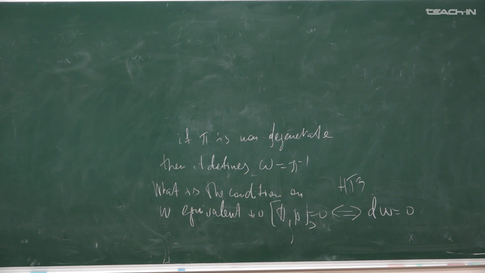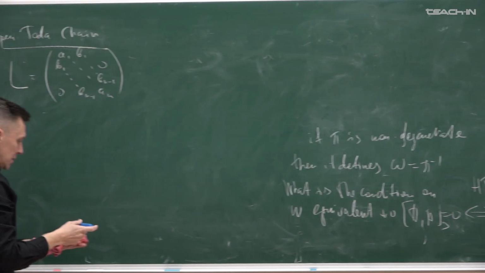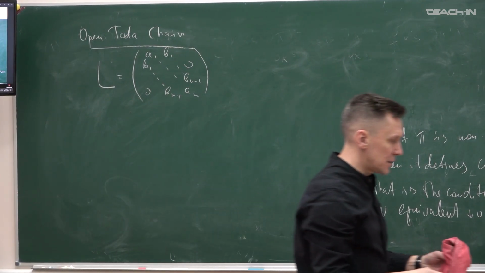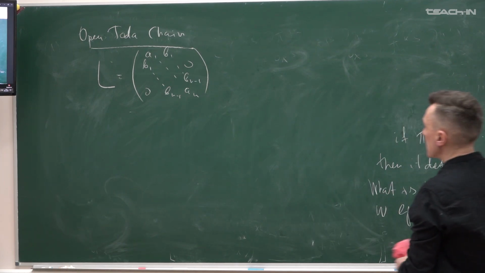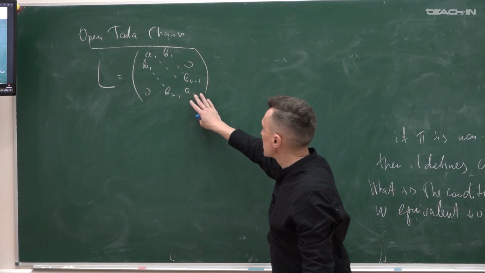It is defined by the Lax operator with a_1 ... a_n and b_1 ... b_{n-1}, and so it is a Poisson structure.